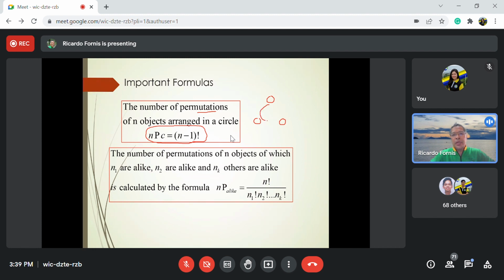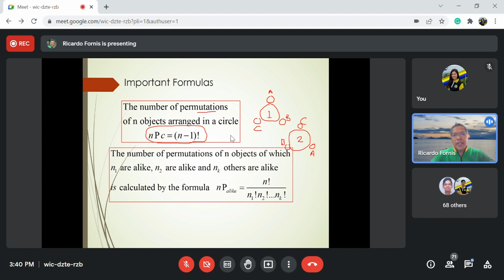If you are going to arrange objects around a circle, say for example A, and this one here is B, and this one is C, and then you are asked to rearrange the objects. Now, when we say rearrange, and you propose that you place A here, and then B, and this one here is C. Well, this arrangement number 2 is not counted as different from arrangement number 1.